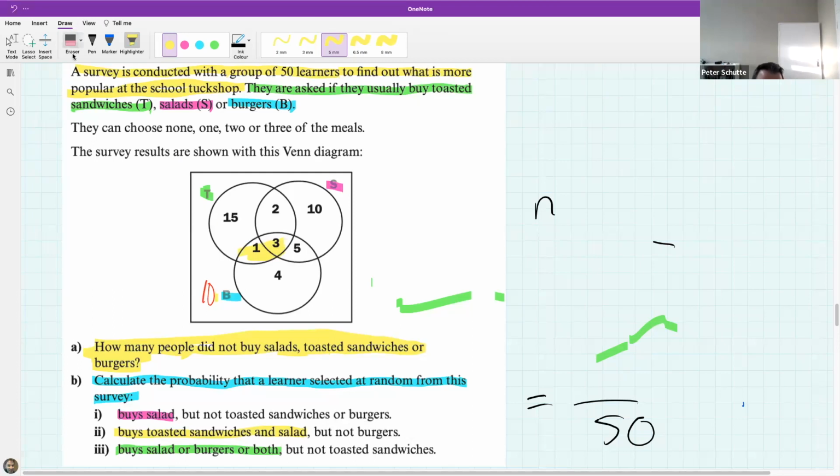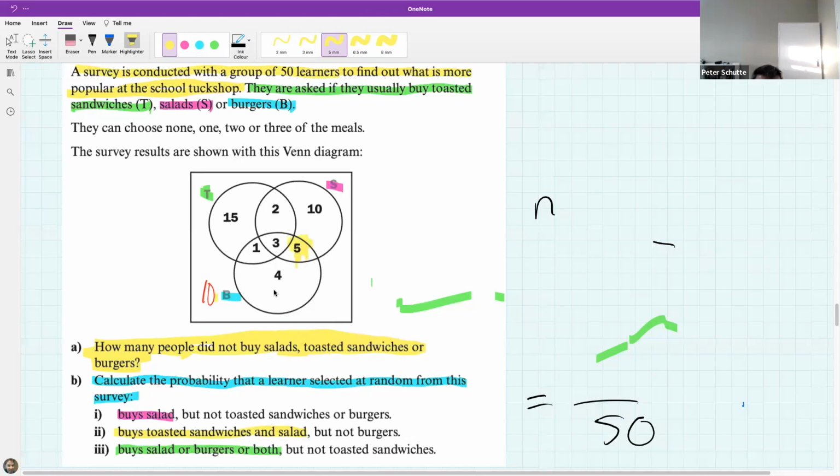Be careful. So S is for salad and B is for burgers. So you could be here. So salad or burgers or both. But no toasted sandwiches. So the 3, I'm afraid, gets kicked out because the only one that's left is the 5 over here. So watch out for that.